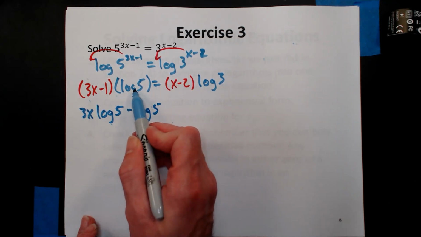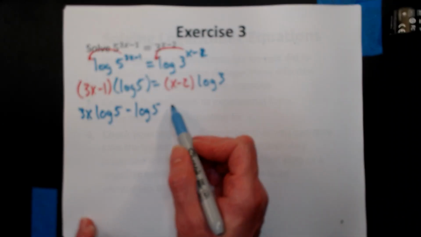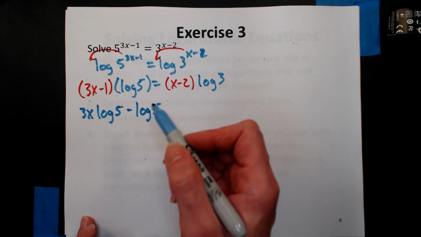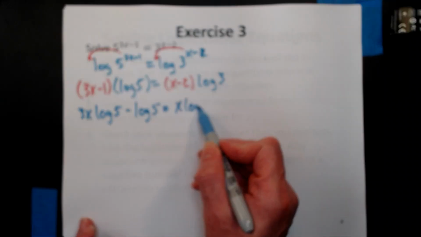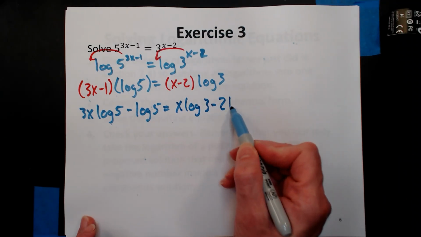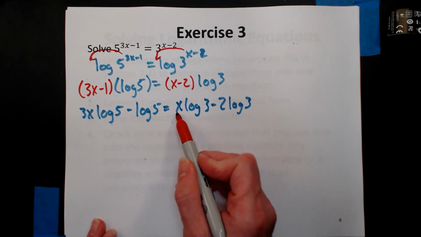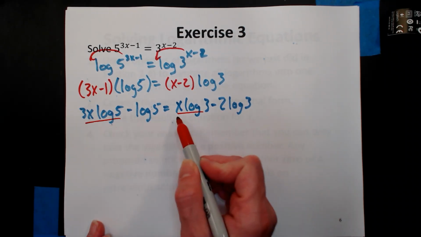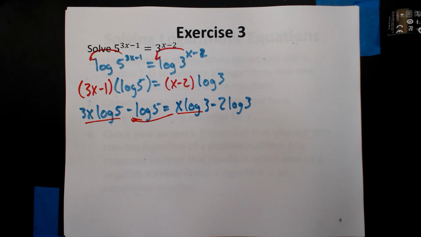Remember, log 5 is a number, I can add, subtract, multiply, and divide by it, so I just distribute it through my parentheses. Do the same thing over here where I'm going to have x log 3 minus 2 log 3. So now I'm going to take all my terms with x's and move them to one side, the left hand side.